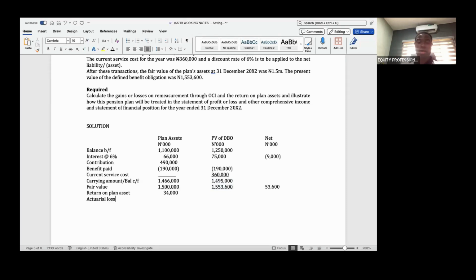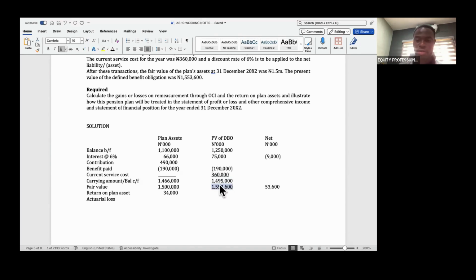My book is saying I'm owing 1,495, and you are coming to say that the fair value of the obligation is 1.5 million. That's bad news. I'm owing more. So we call that actuarial loss. It goes to OCI. The reverse will be a gain.